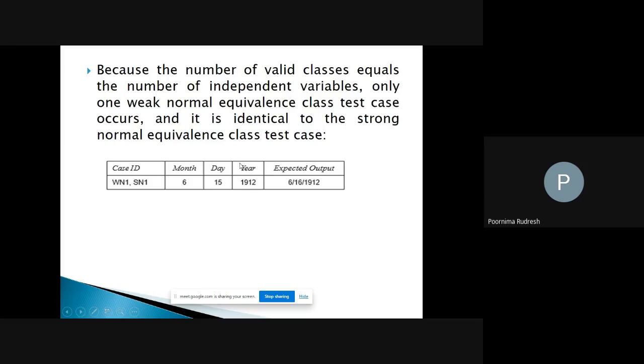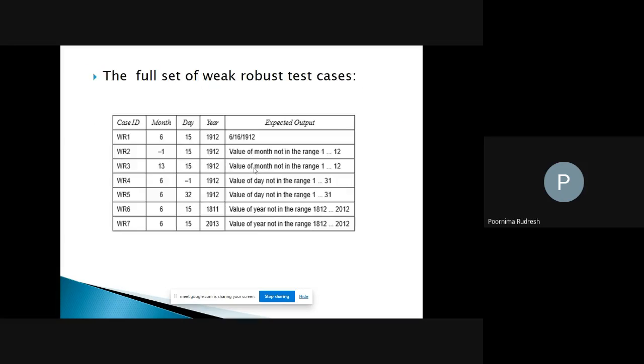So since we have given valid values for the month, day, and year, we are getting the correct expected output, that is 6 16 1912. This indicates 16th June 1912. So this is the test case that we have constructed for the next date function by using the weak normal and strong normal testing strategy.